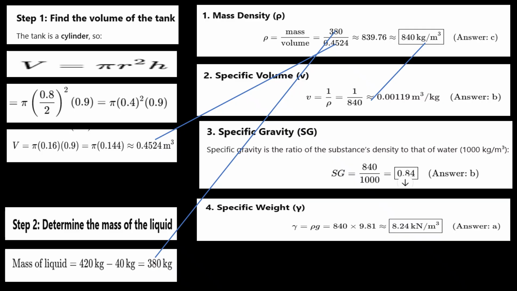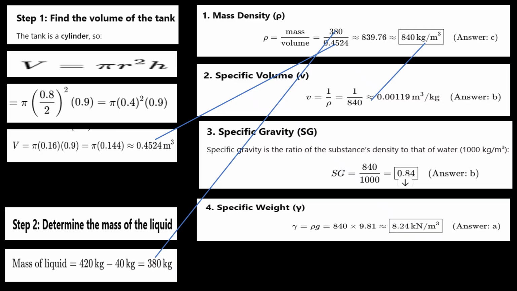Finally, we can now compute the gravity force or weight in newtons. Weight is simply equal to mass times g. And the mass of our liquid is actually given in the situation that we have already calculated, and that is actually equal to 380 kilogram.